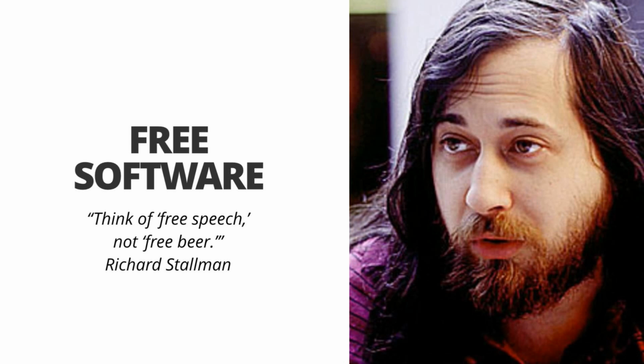And specifically, Richard Stallman, who's known as the father of the free software movement, pioneered this idea of free software. And it's not free as in you don't have to pay for it, but it's free as in freedom.